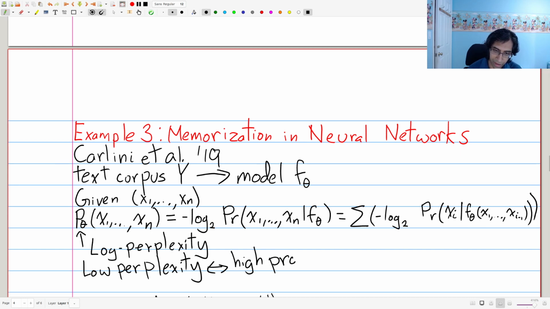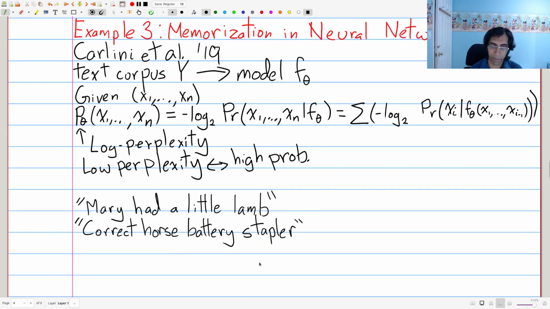If something has high perplexity, then it means it's a low probability event. Just to give you some examples of what might be low or high perplexity statements, suppose we had the phrase "Mary had a little lamb." If the model is trained on English, then this would be a high probability statement because it's a reasonable sentence, and so it would have a low perplexity.